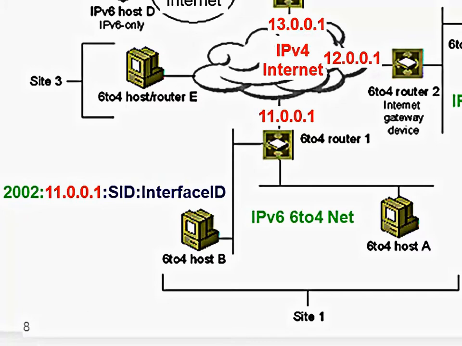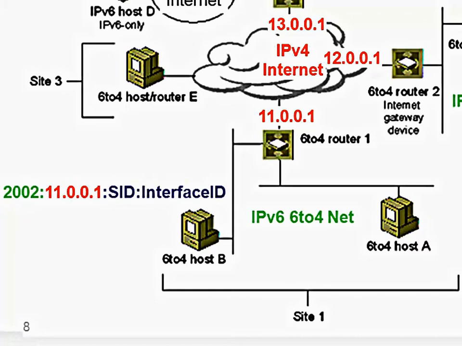Now, consider in this example that the IPv4 internet can route 11.0.0.1 and also knows how to reach 12.0.0.1, 13.0.0.1, but again, since it's a global IPv4 internet, it should be able to route any public IPv4 address.